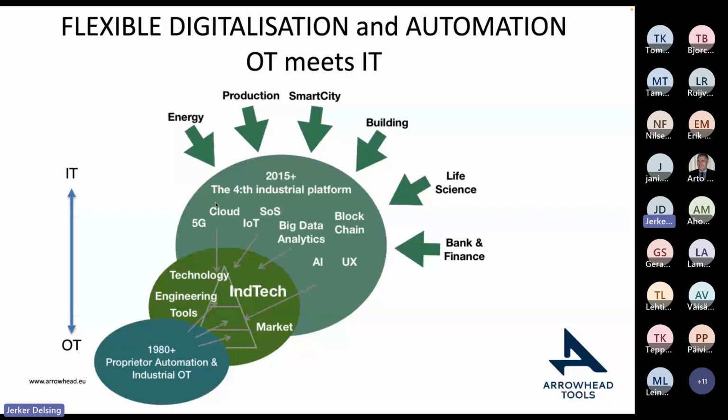And the particular focus of this project is to look at the data models and how we can simplify the translation between those. And this has so far been the major bottleneck in creating the autonomous interoperability in the automation digitization domain.